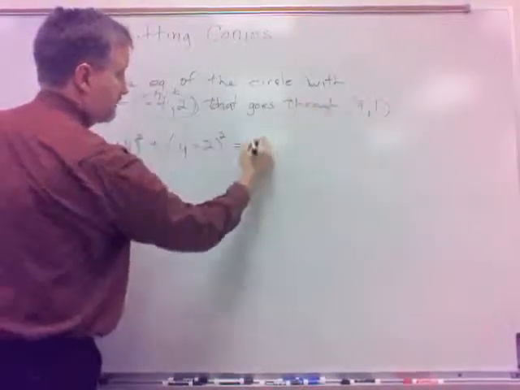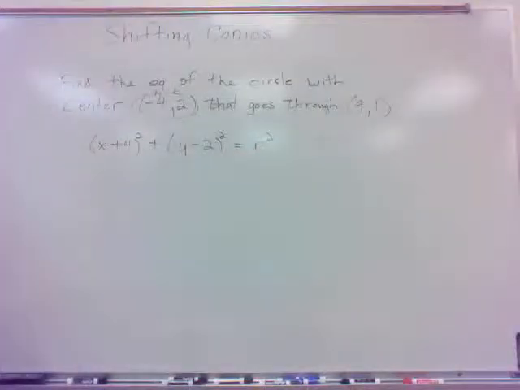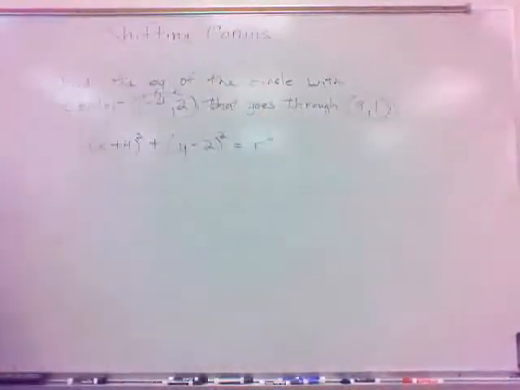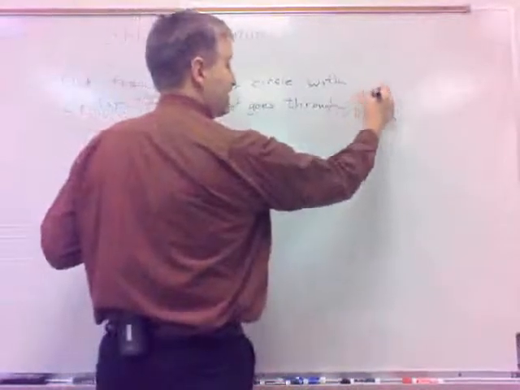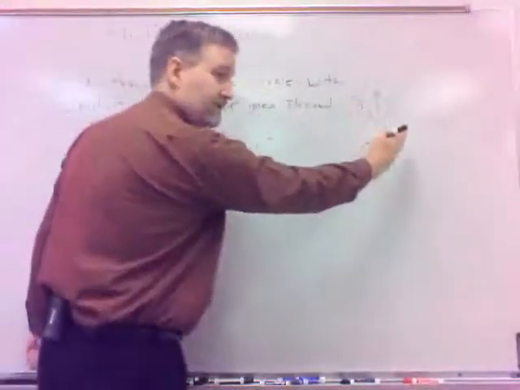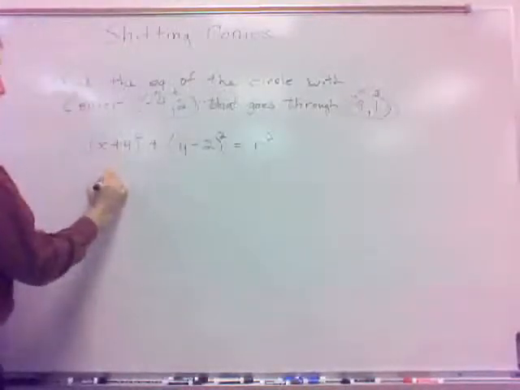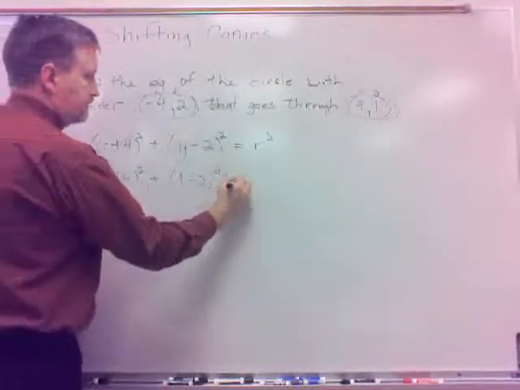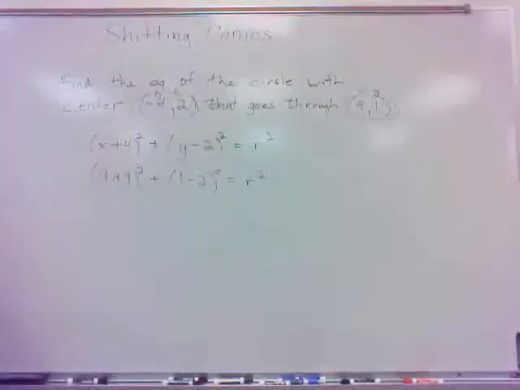And like I said, I'm not given the radius, so that's what I've got to figure out. I still need to know the radius. How might I do that, you think? Well, since I've been given a point, that doesn't give me the radius directly. However, doesn't this have to be an x comma y that fits in this equation? So can I plug these in for x and y? I plug in x to be 9, y to be 1. And notice that just gives me a nice little equation that I can solve for r squared.